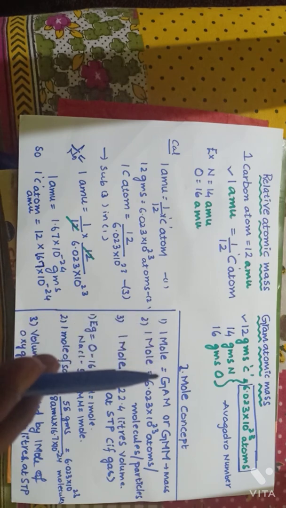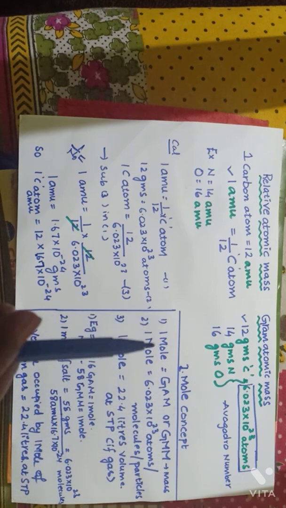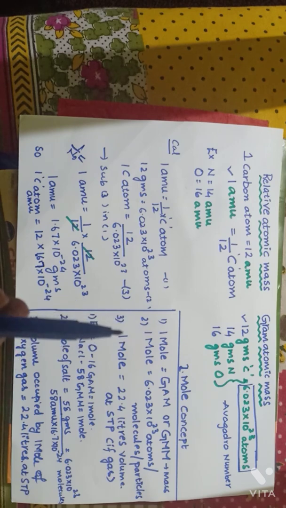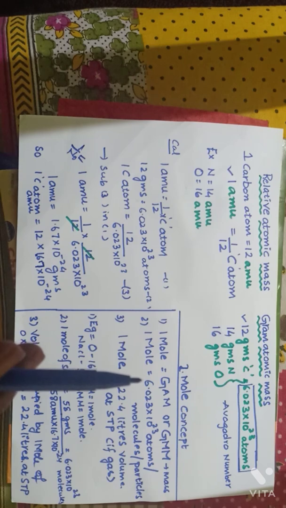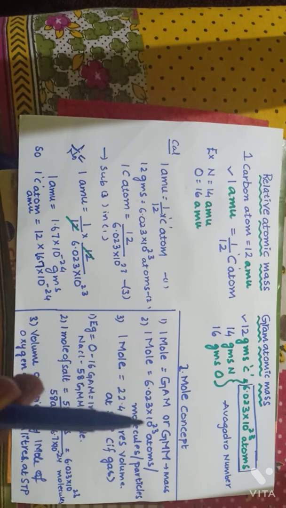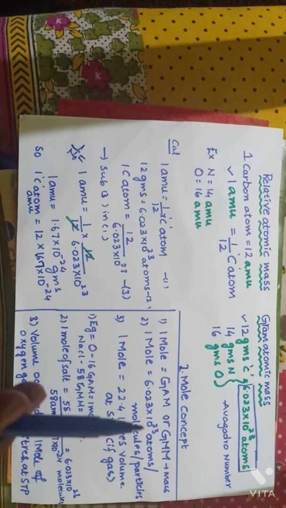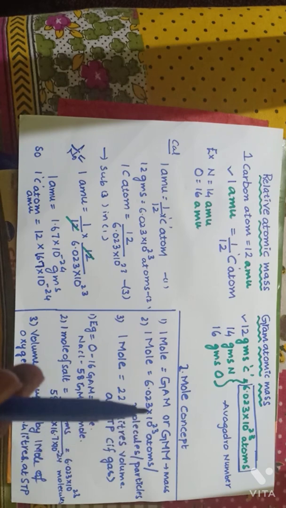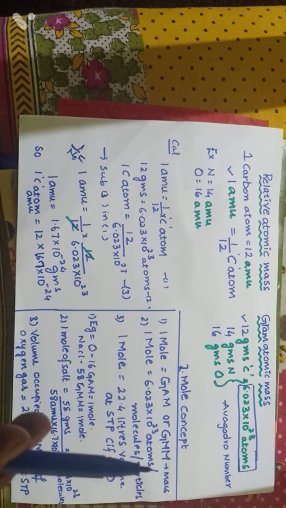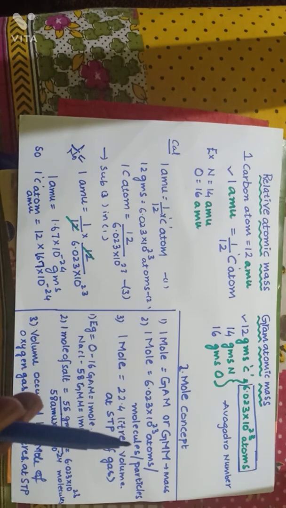So this way we need to calculate gram atomic mass or gram molecular mass, which is equal to 1 mole. This is a formula given in terms of the mass of an atom or a molecule. Very important point. Next, the second point is that 1 mole is equal to Avogadro number. And one more important thing where we get confused is whether atoms, molecules or particles are given. No need to get confused. If atoms are given, then it will be Avogadro number of atoms.